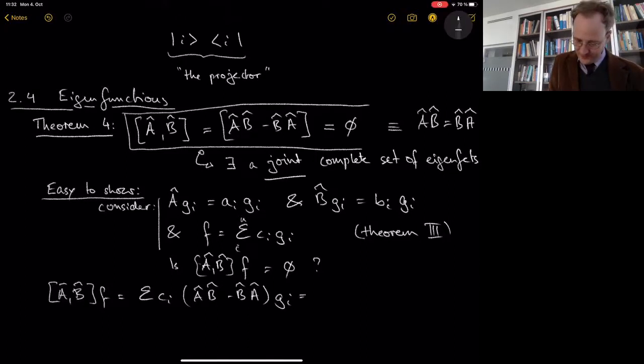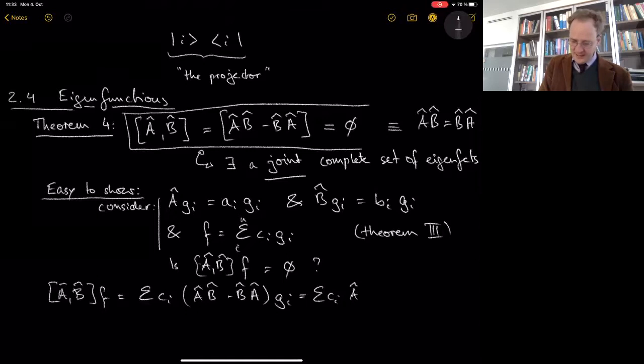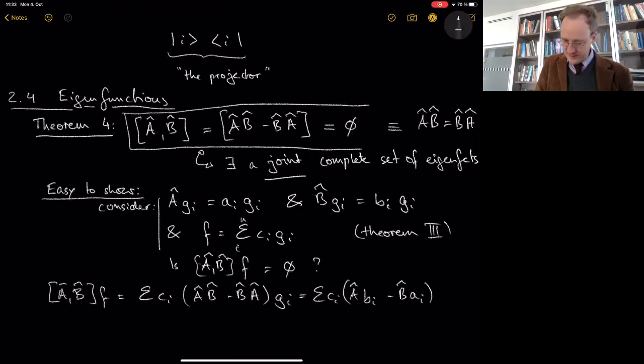So we operate first the left-hand term. So B operates on g_i, and that should spit out your b_i. Okay. And then A operates on g_i, and that spits out your a_i, right?